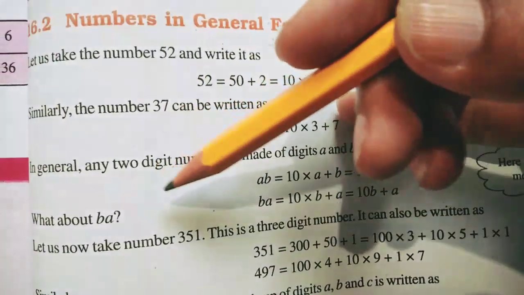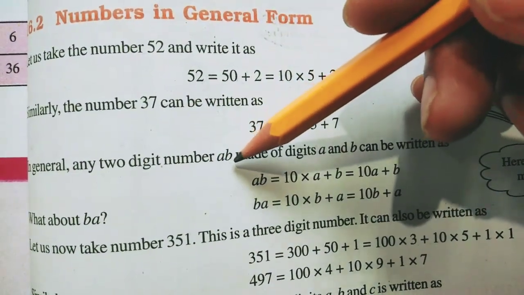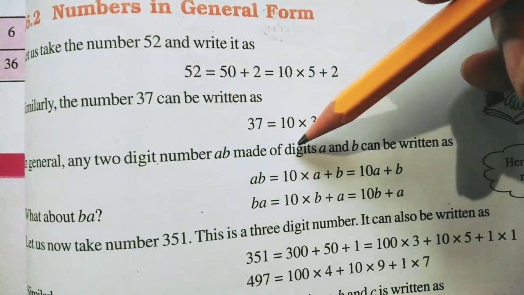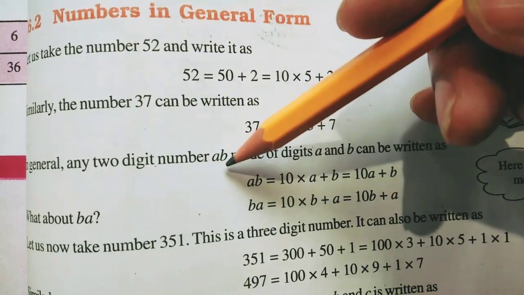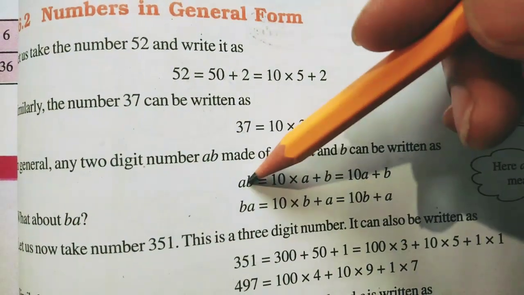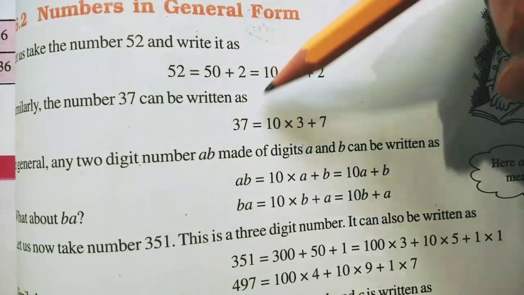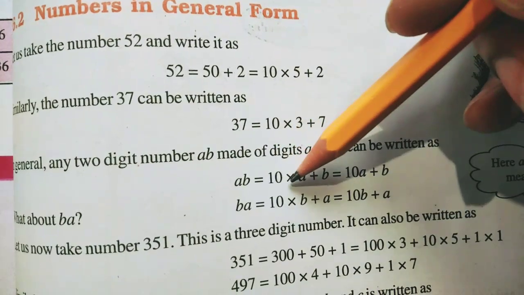So in general, take any 2-digit number, suppose AB. So AB is any 2-digit number made of digits A and B. You have seen the example, so these things are now written in general form.